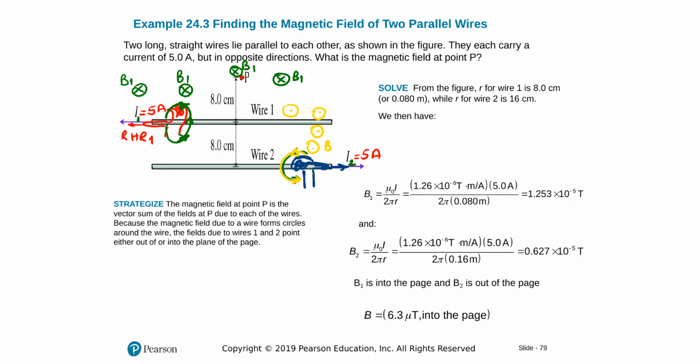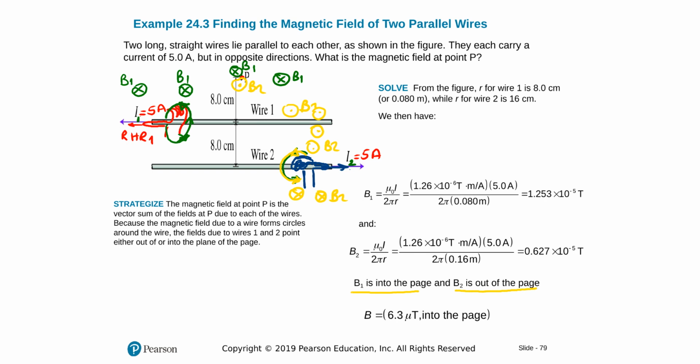As I go far away, it will decrease, but it will be out. At point P, it will be out. And it's in on this side, but I'm not interested in this side. This is my B2. So at point P, they will be opposite to each other. B1 is into the page, B2 is out of the page.